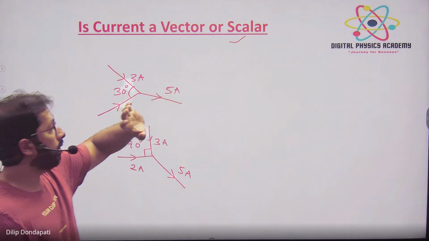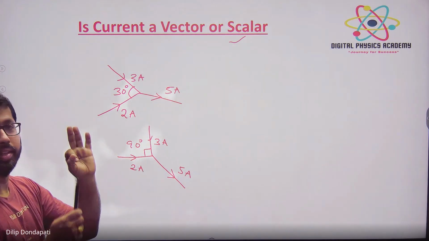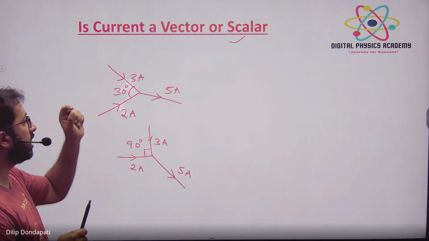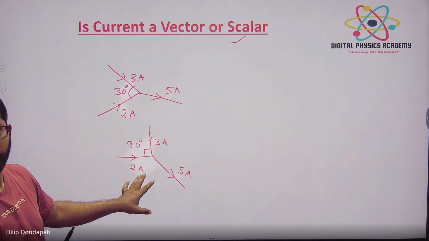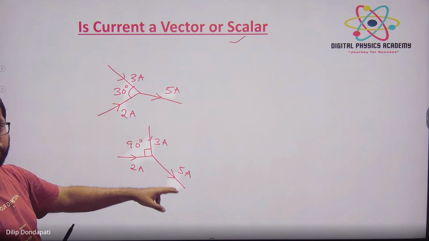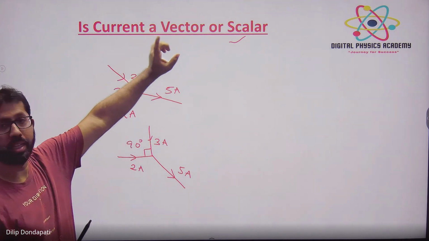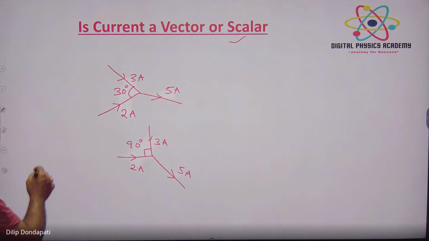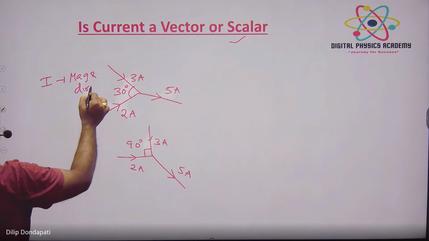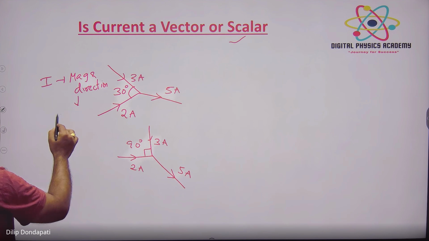I gave you the definition of a vector in the beginning. To satisfy as a vector, 3 conditions are required: it should have direction, magnitude, and it should also satisfy the vector law of addition, that is, the parallelogram law. But here, look, at 30 degrees it is 5 ampere, at 90 also 5 ampere. So it is not following the vector law of addition. That's why it is not a vector quantity, it is a scalar quantity. So current is a scalar. Even though current has a magnitude and direction, it does not satisfy the vector law of addition, that's why it is a scalar quantity.